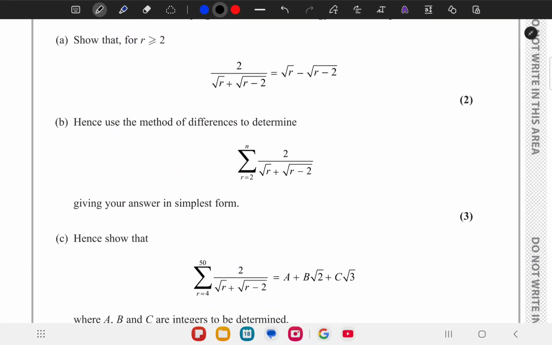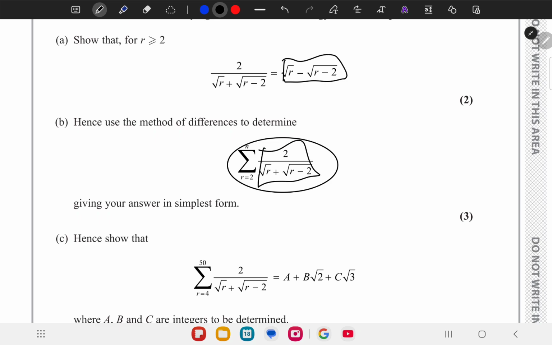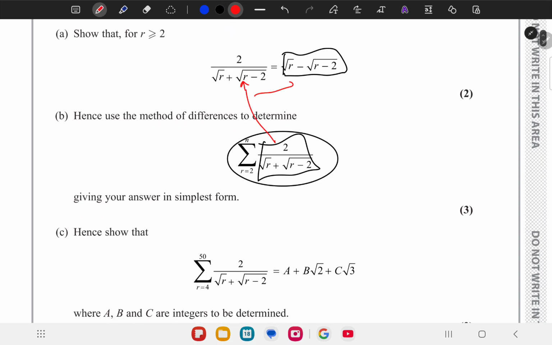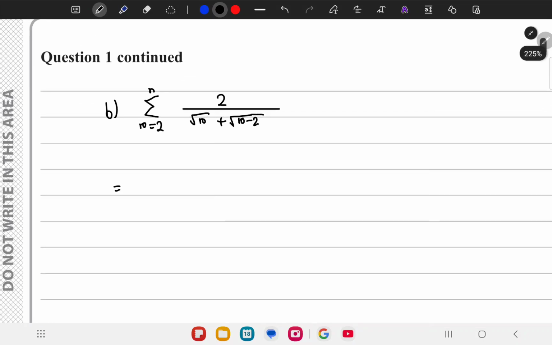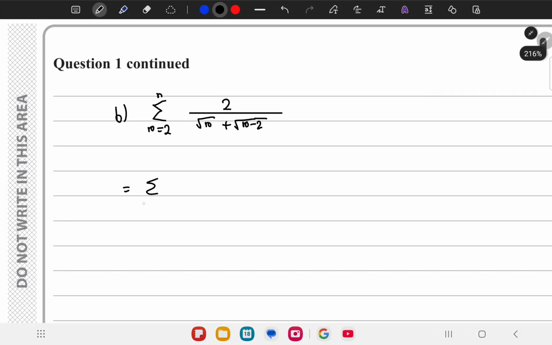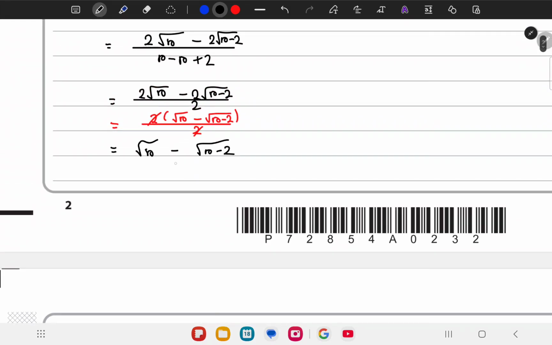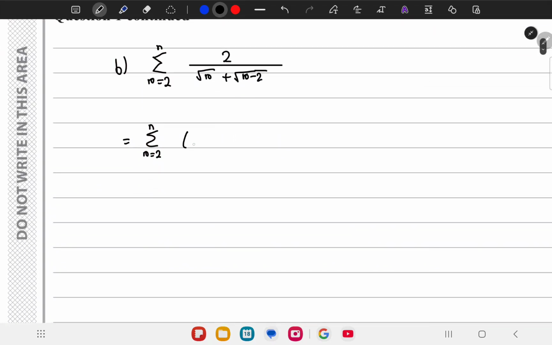And for part B, we have to find this summation over here using the method of differences. We have already found out that this expression over here can be written like this, so we'll use that now. We'll just use the form we found here, root r minus root r minus 2.